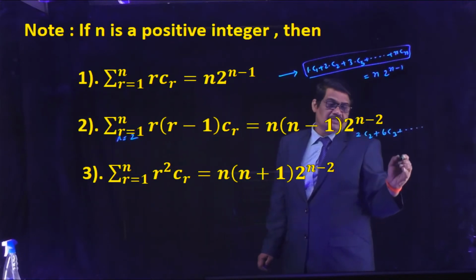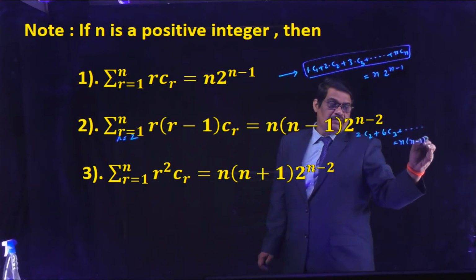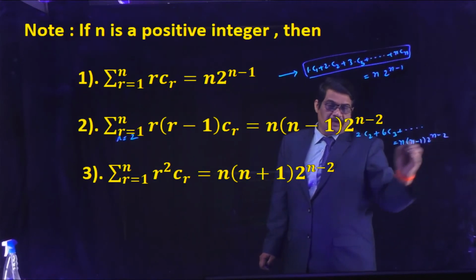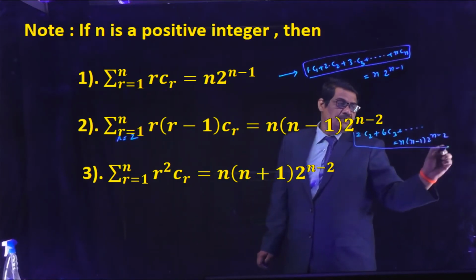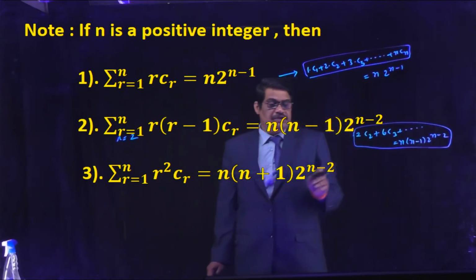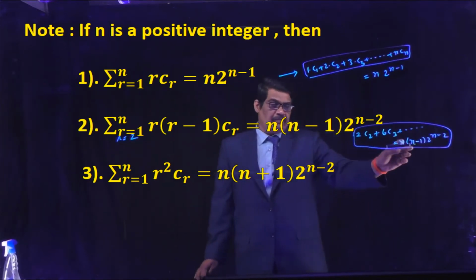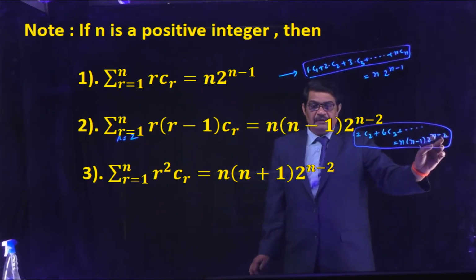This series goes up to n into n minus 1 into 2 to the power of n minus 2. This result we are using in the problem. So the series 2 C2, 6 C3, and so on, has the value n into n minus 1 into 2 to the power of n minus 2.